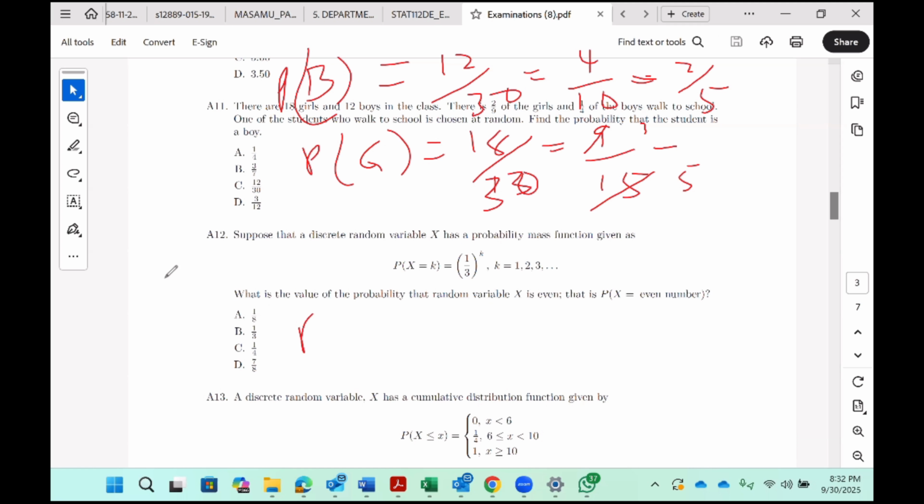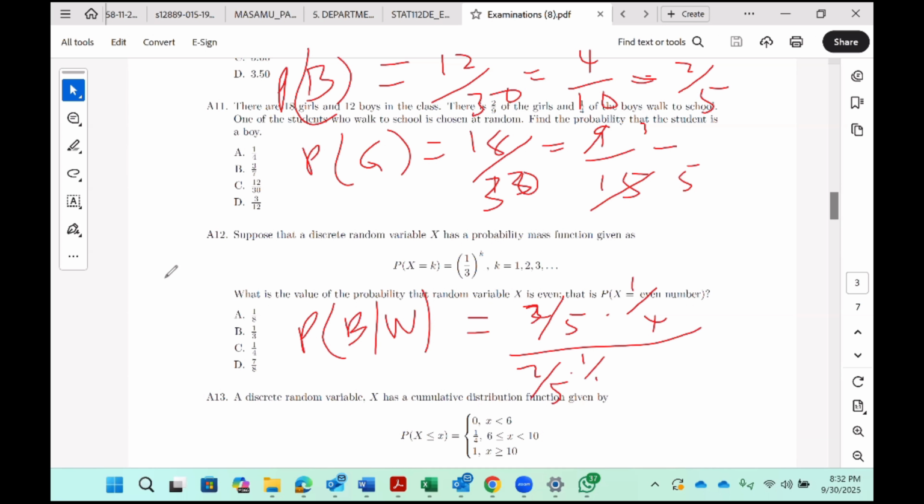So your probability that he's a boy, given that he walked to school, will be equal to 2 over 5 times 1 over 4 divided by 2 over 5 times 1 over 4 plus 3 over 5 times 2 over 9. So that's what I mean.